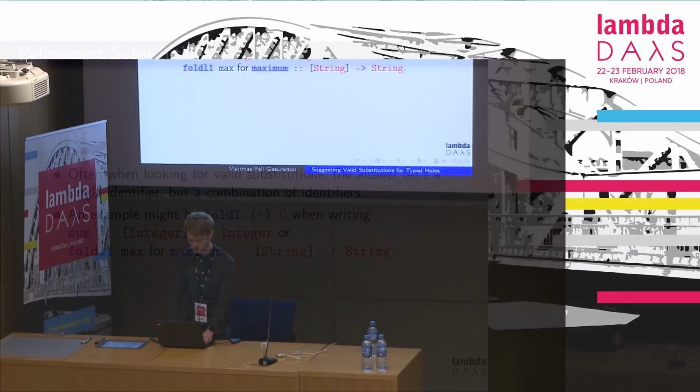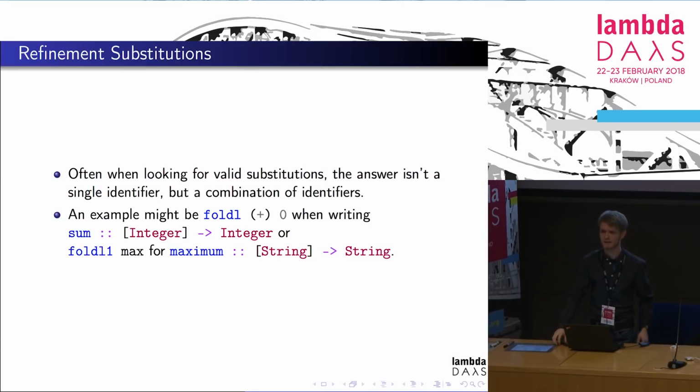Anyway, here's a new cool thing, called refinement substitutions. If any of you know Agda or similar dependently typed languages, they also have holes, but they can do more than just suggesting a single identifier.